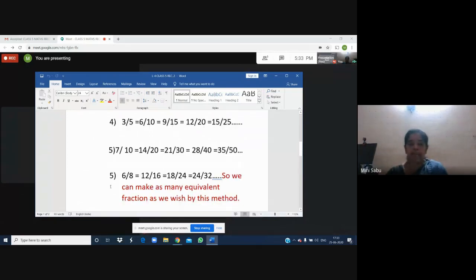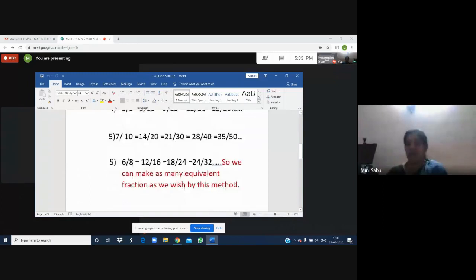This is question number 6. 6 by 8 equal to, I wrote here 12 by 16. 6 2s are 12, 8 2s are 16. Is it correct? Yes. 6 3s are 18, 8 3s are 24. 6 4s are 24, 8 4s are 32.